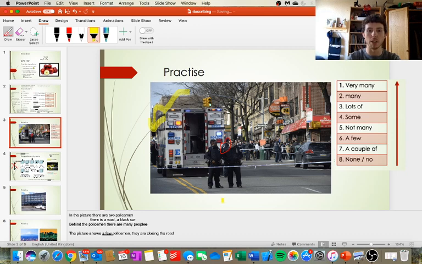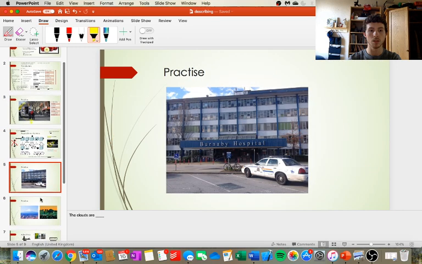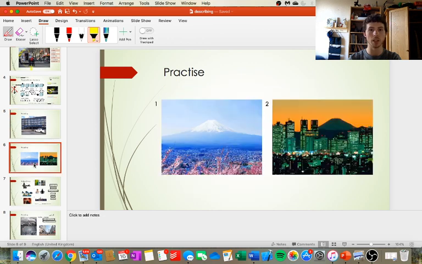But I guess if we are here, they are in front of the ambulance. I guess either or. Good Wasim. Okay.